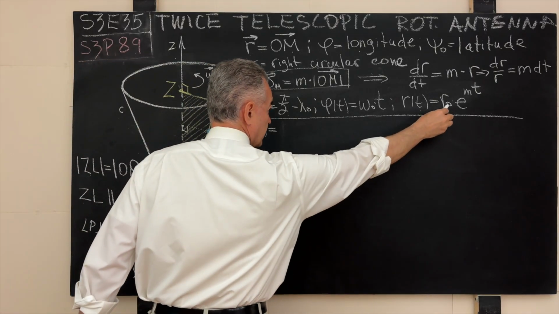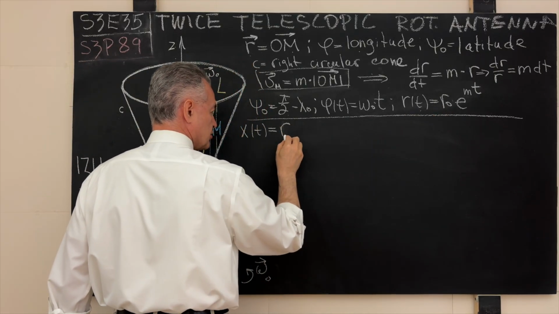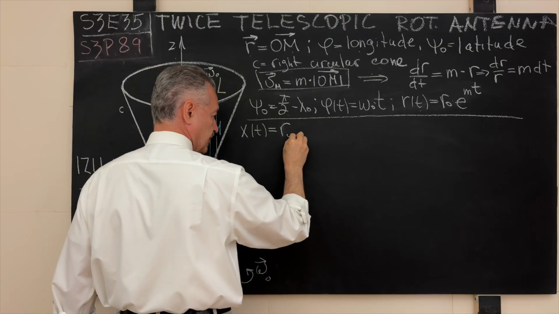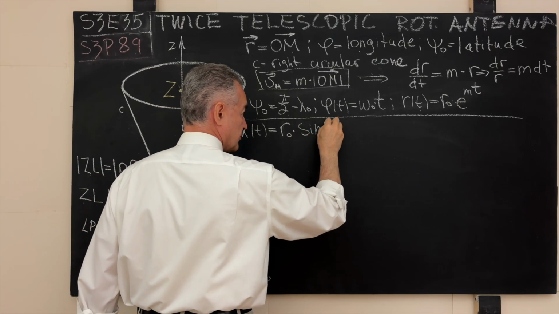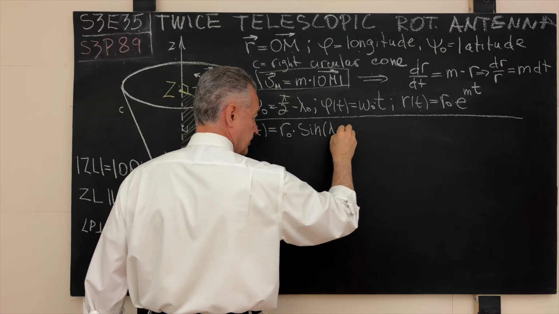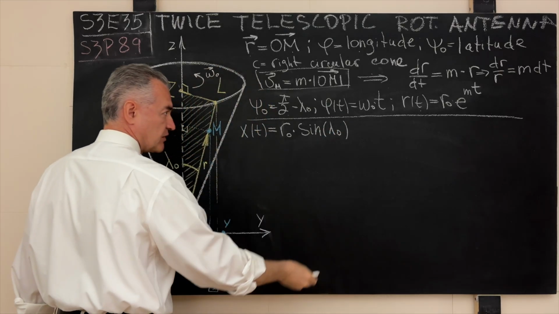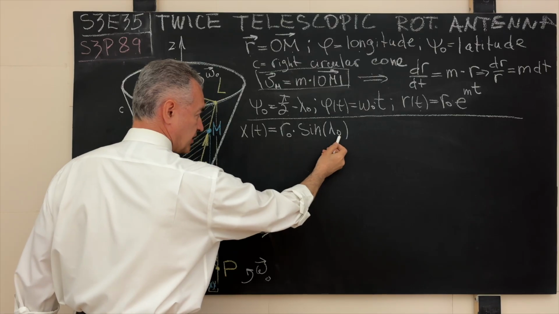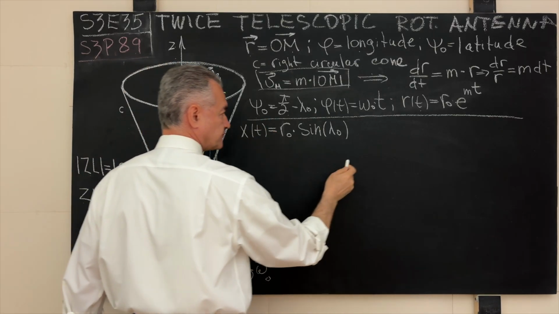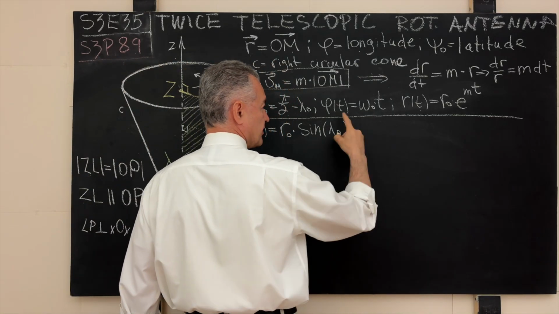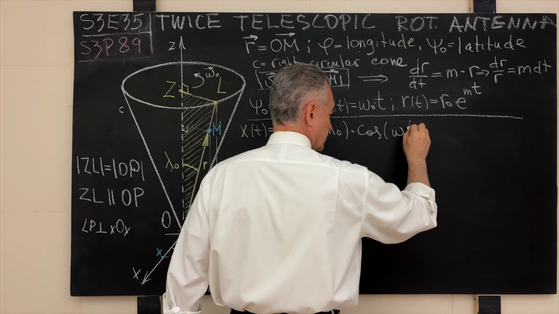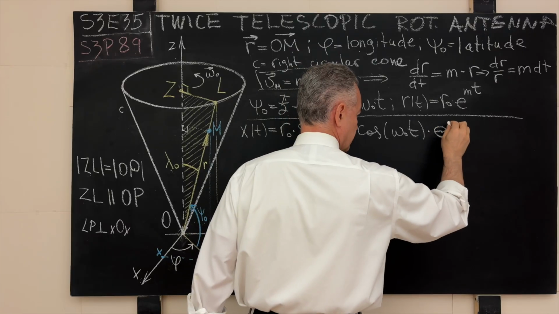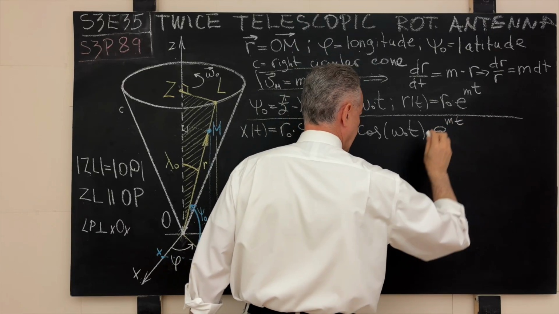It will be the initial radial displacement of the point M, r0, times the sine evaluated at the constant angle lambda 0. It is one and the same angle. Times, this time, the cosine of omega 0 t times e raised to the power mt.